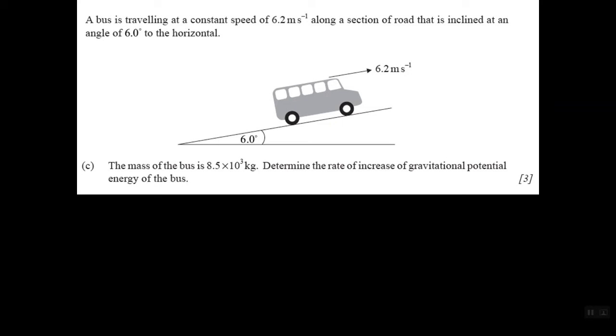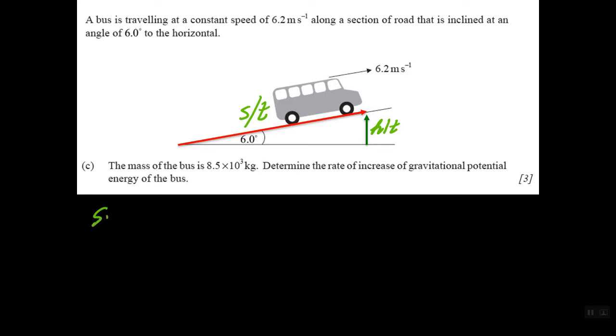We see that in every second the bus travels along the slope 6.2 meters. So that is the distance traveled over time. That's the hypotenuse. Height is height per unit time. Here it is the same time.